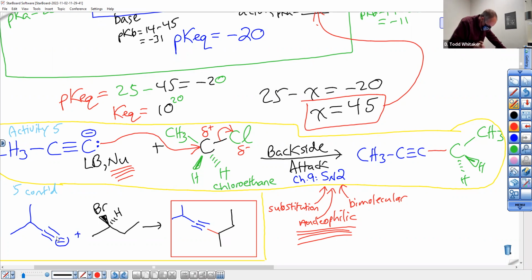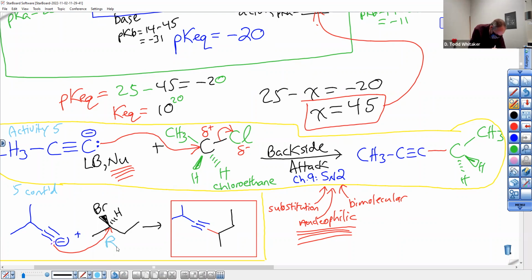Nah, red's not good. There's a lone pair on the terminal alkyne. It's doing a backside attack on a stereo center that used to be S. Correct? No, it's R. Stereo center used to be R.